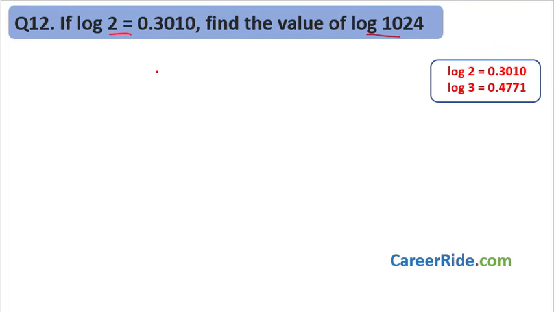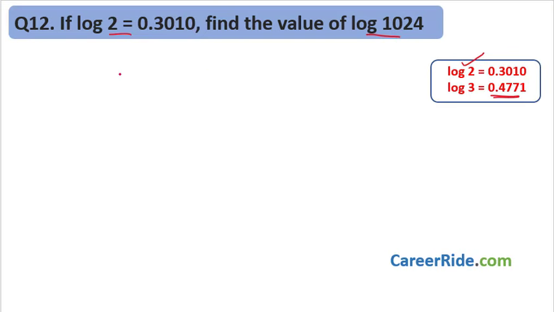If you are able to do the previous sums that we did, this question is not going to be a problem for you. In most of the cases the value of log 2 or log 3 or whichever log is required will be given to you, but just for convenience sake, log 2 is equal to 0.3010, log 3 is equal to 0.4771. You can try to just keep this in your mind.